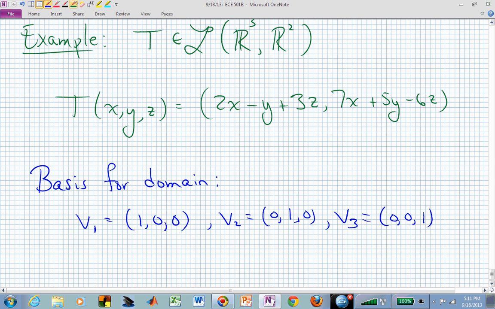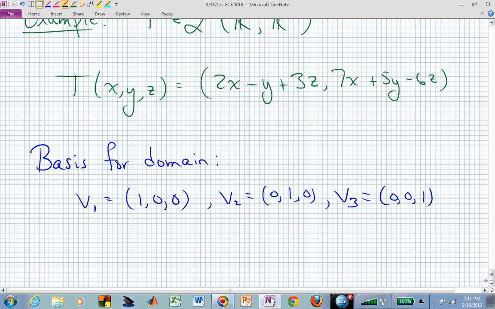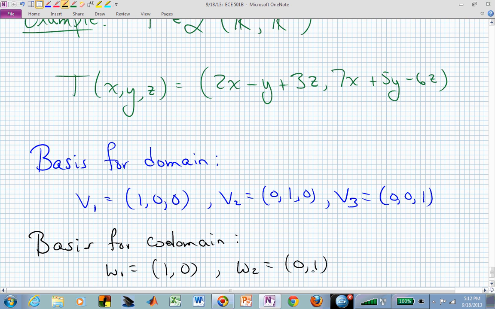And let's say our basis for the codomain, let's just make that the standard basis. W1, what would that be? It's two-dimensional, isn't it? It's (1, 0), and W sub 2 is (0, 1).